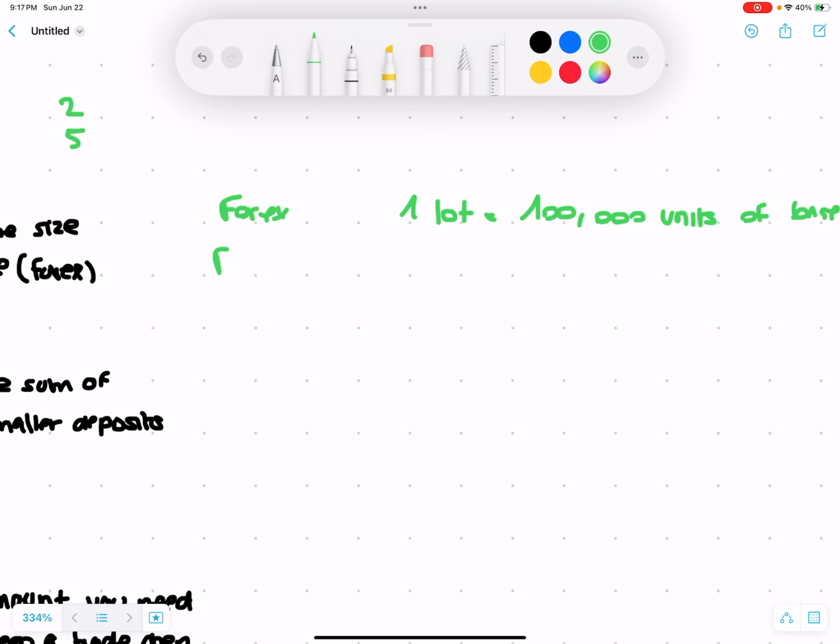Now, if we talk about futures, we can still use lots, but I actually call it a contract. In futures, you're not going to hear anyone talk about a lot. You talk about a contract, but it means the same thing. So in futures, 1 lot is equal to 1 contract.